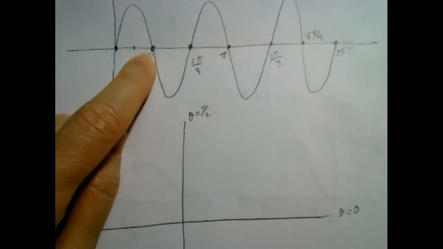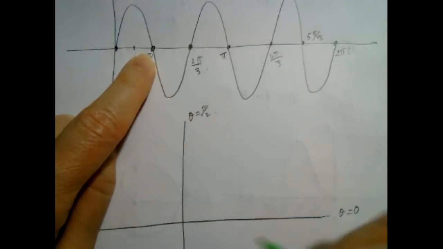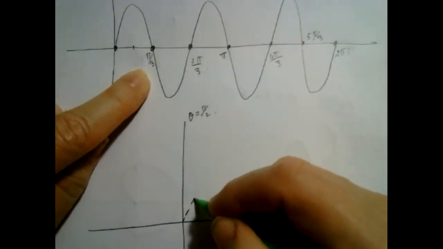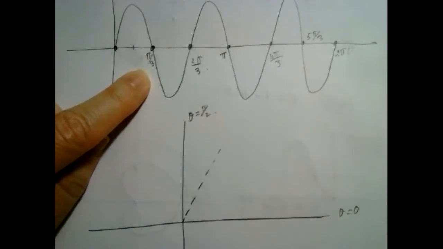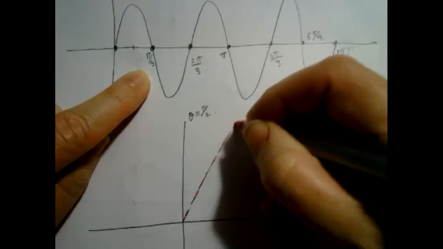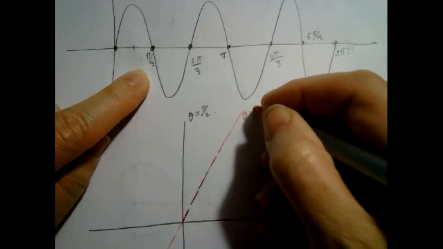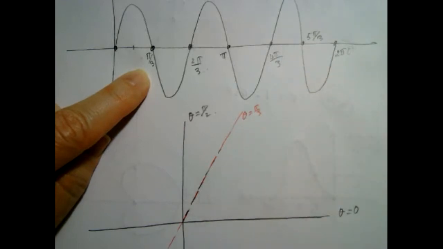Now, r is 0 at pi over 3. My advice to you when you graph those is to draw the line theta equals pi over 3, which is somewhere here. I'm going to draw those lines because I know that r is 0, so it's important to emphasize them. Always start by drawing the lines where r is 0.